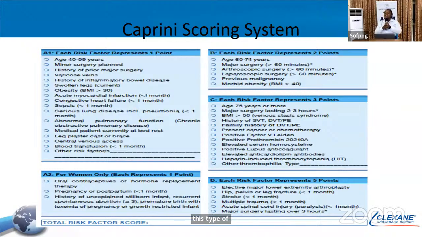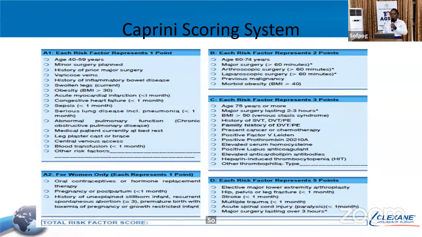So let's say there is a patient who is 60 years of age, who is obese and has been on the ward for a stroke, or maybe has other comorbidities. Maybe the person is hypertensive, among others. We will take what applies to this patient. So let's say when we look at the first part, there's the age bit.